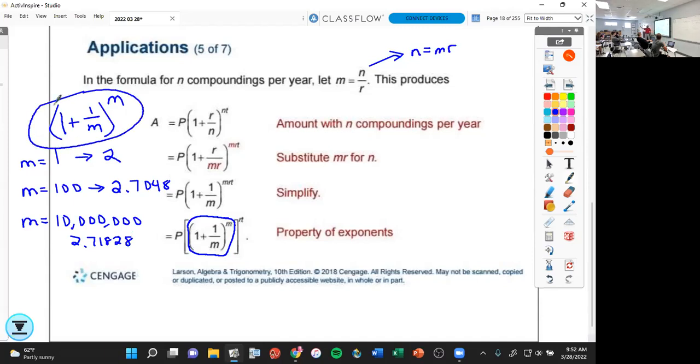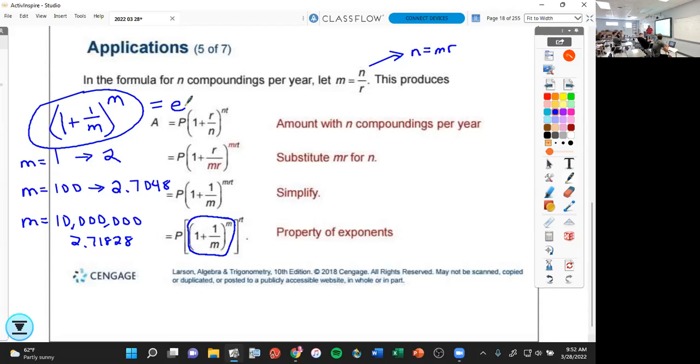As M gets closer and closer to infinity, what is 1 plus 1 over M raised to the M power? It's e. Which means if I take this part right here and replace it with e, I have P times e to the RT.